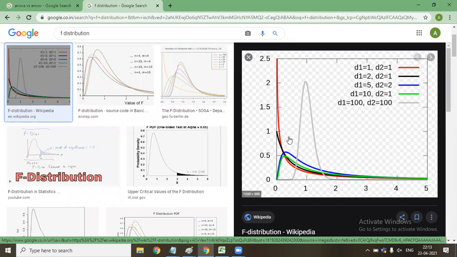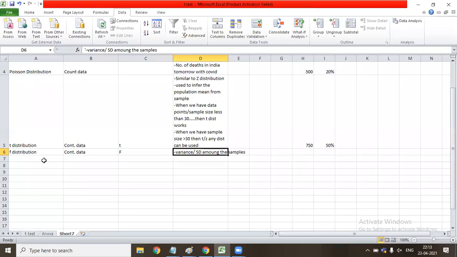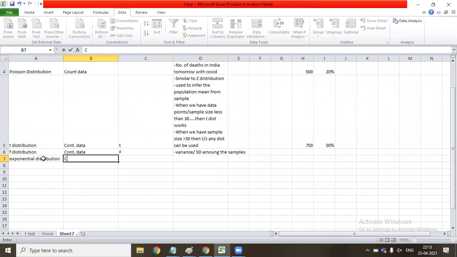Now another distribution is known as exponential distribution. It is again a continuous distribution. It works on continuous data.